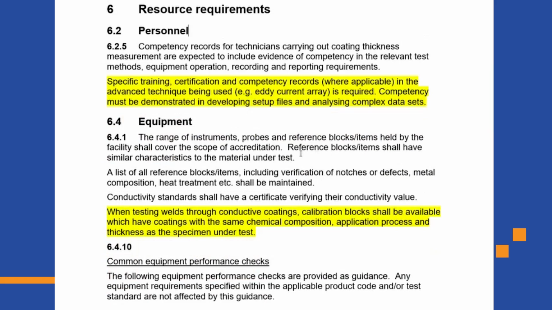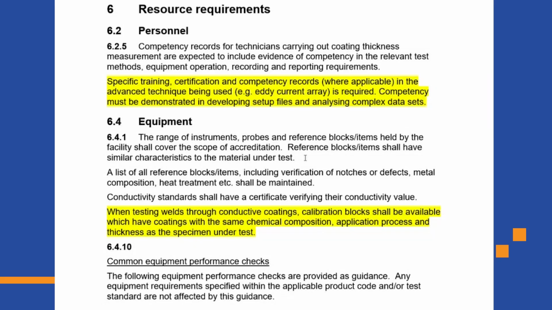Additionally, in regards to equipment, and this is more in regards to testing welds through conductive coatings, we just wanted to put in there, as a benefit to the facilities, technical assessors, and lead assessors, that we expect to have appropriate calibration blocks.